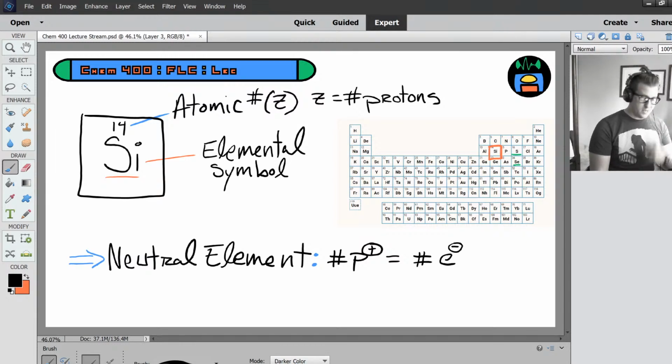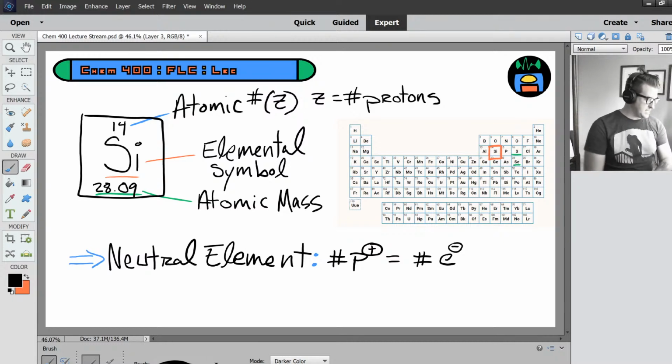All right, the last piece of information that we're going to talk about right now is beneath the elemental symbol. There is another number for silicon. That number is 28.09, and this number right here is called the atomic mass.